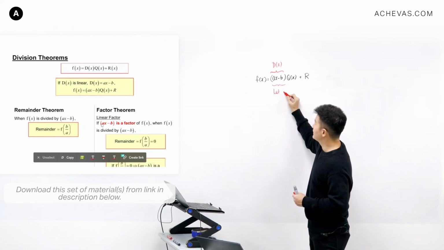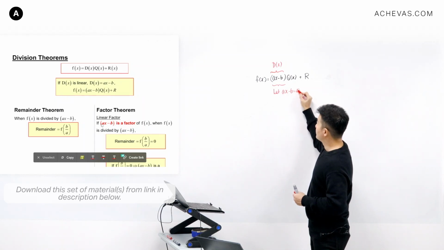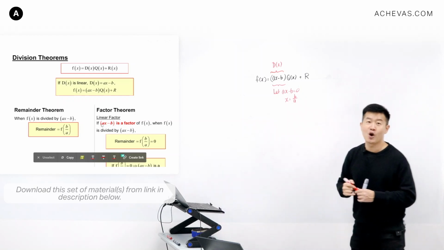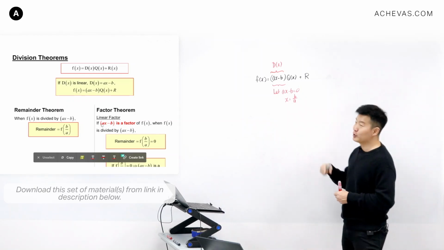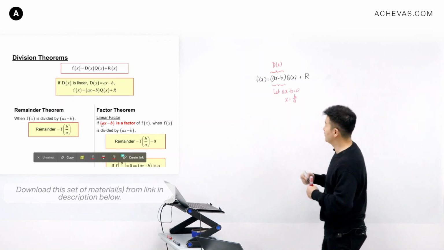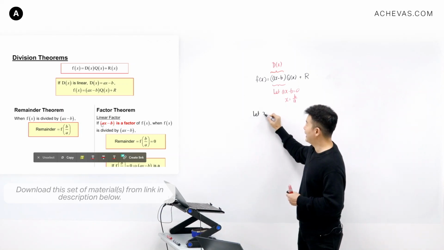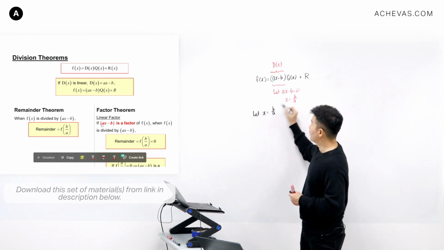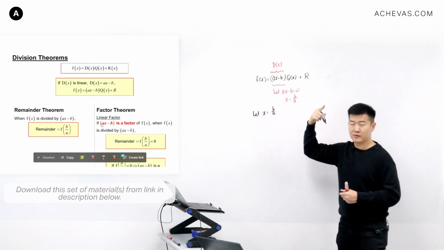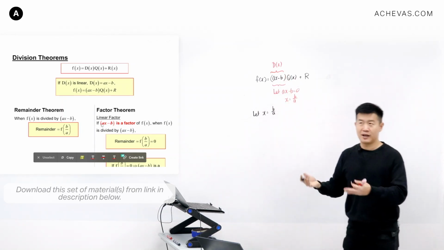So if I let ax minus b be equal to 0, x is going to be equal to b over a. And this is the convenient value of x that I'm going to apply to find the remainder. We can just do a bit of mental sum. By letting this be equal to 0, x is equal to b over a.